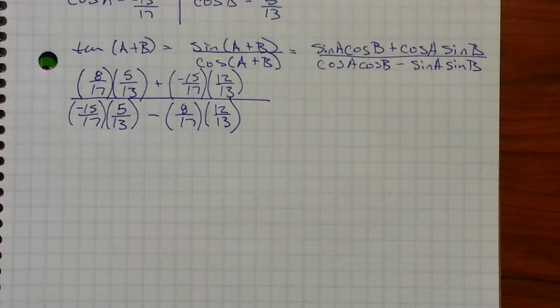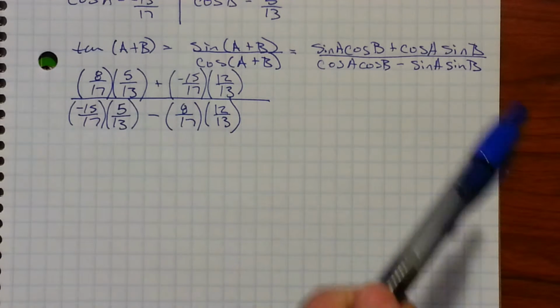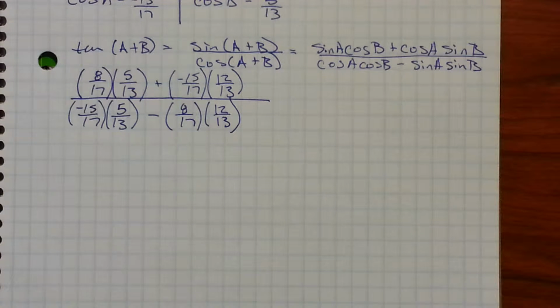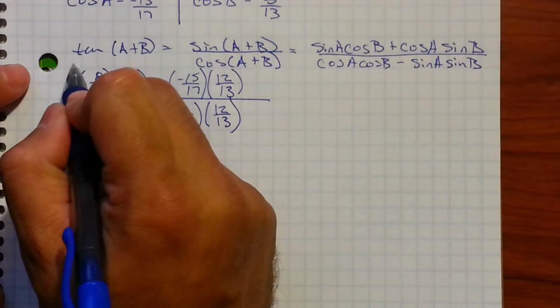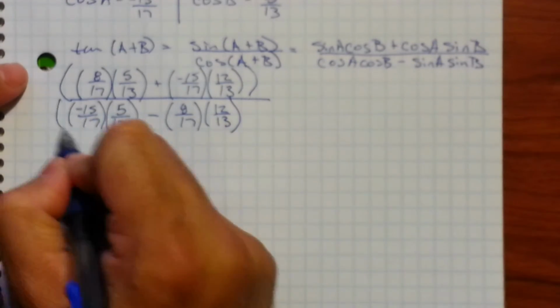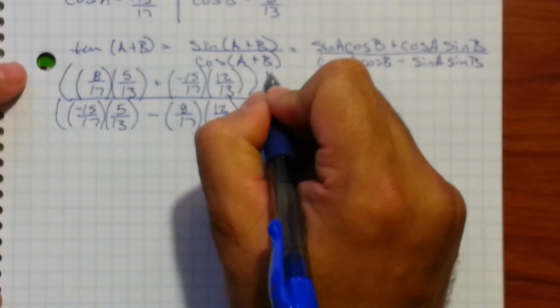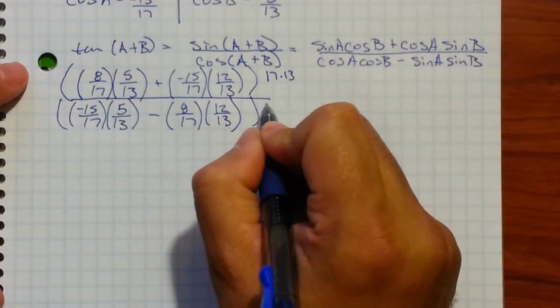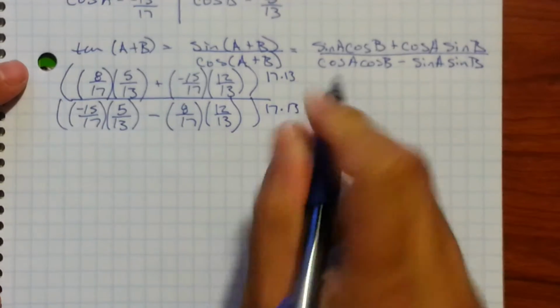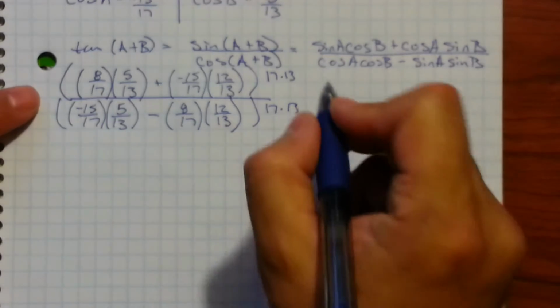So I have a mess up here, so I'm going to multiply everything by the common denominator, which everything has a common denominator of 17 times 13. So that'll clear up everything.